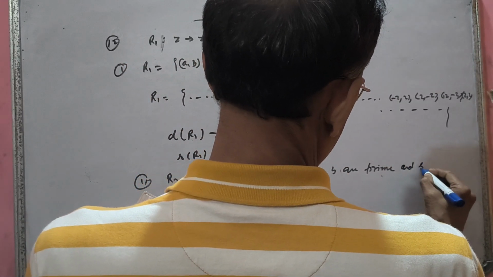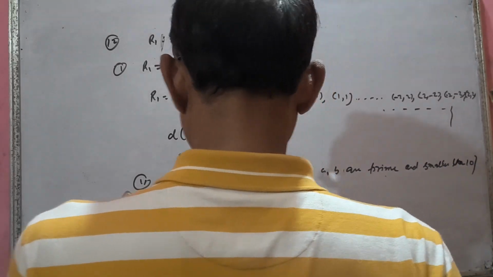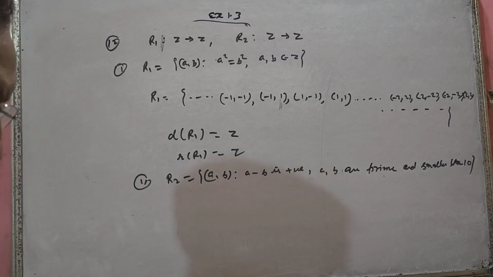A little bit of thinking is needed here. You will find only prime numbers whose difference should be positive.